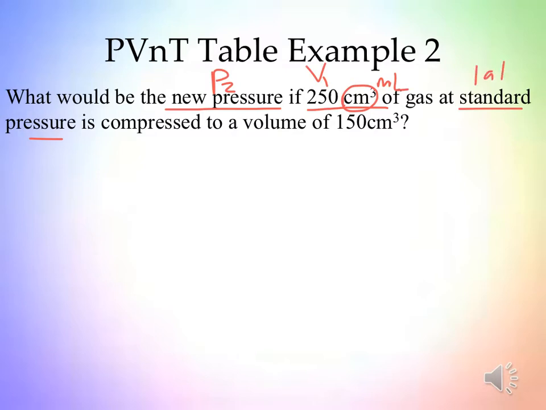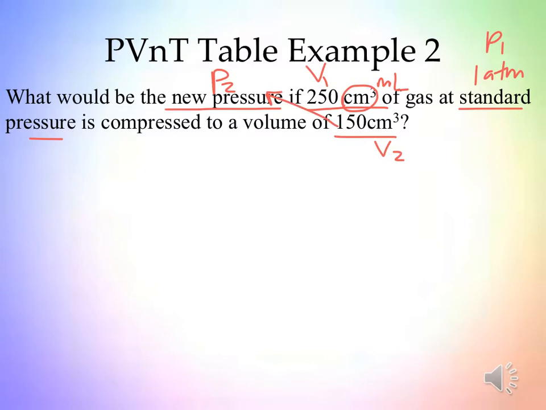Typically we use ATM, so 1 ATM. So that's P1, right? So we have 250 milliliters of a gas that's at 1 ATM, and we compress it to a volume of 150 milliliters. So that's V2. This corresponds to the new pressure that we're trying to find.